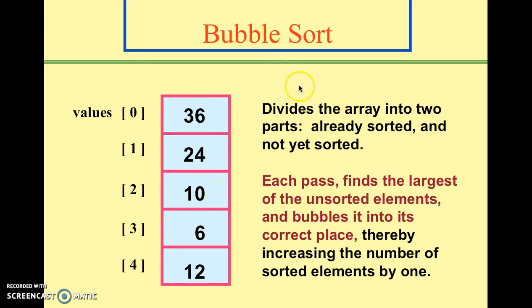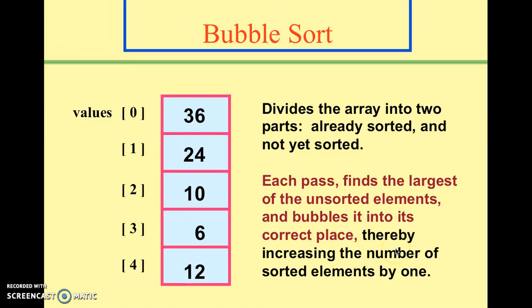And what bubble sort does, it divides the array into 2 parts, a sorted part and not yet sorted part, when it finishes one complete iteration through all the array elements. What happens is that each pass finds the largest of the unsorted elements and bubbles it into its correct place, which will be in the proper slot in the sorted array.